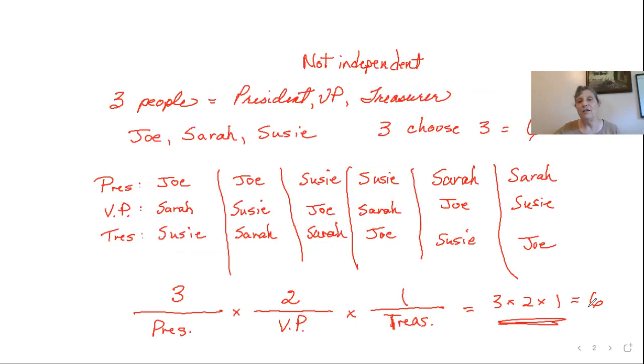So these are not independent events. Order does matter. It matters who we choose to be first, who we choose to be second, and who we choose to be third.